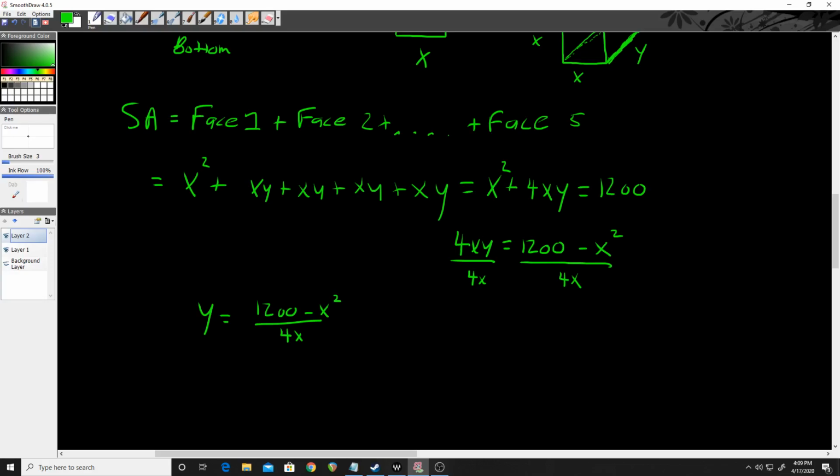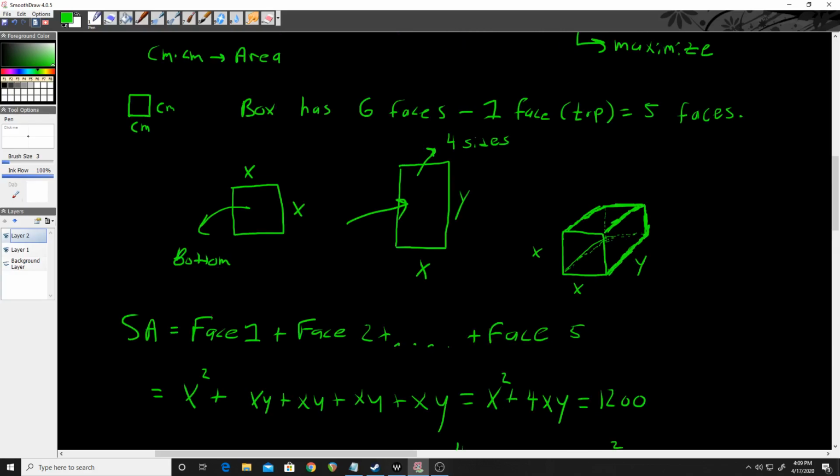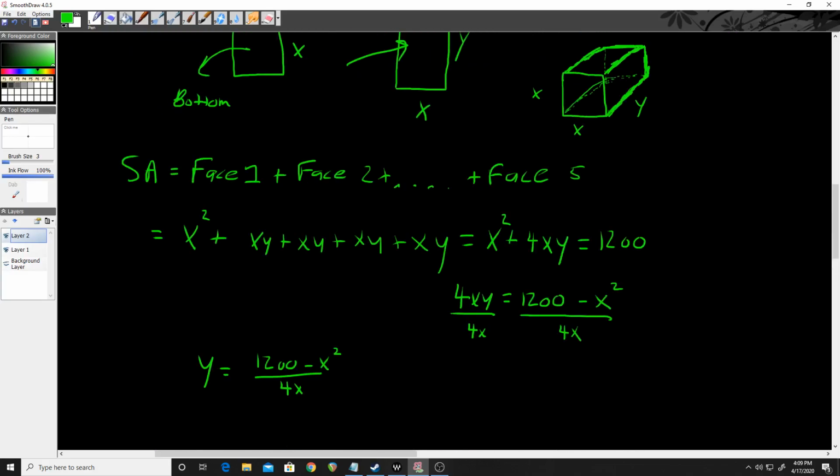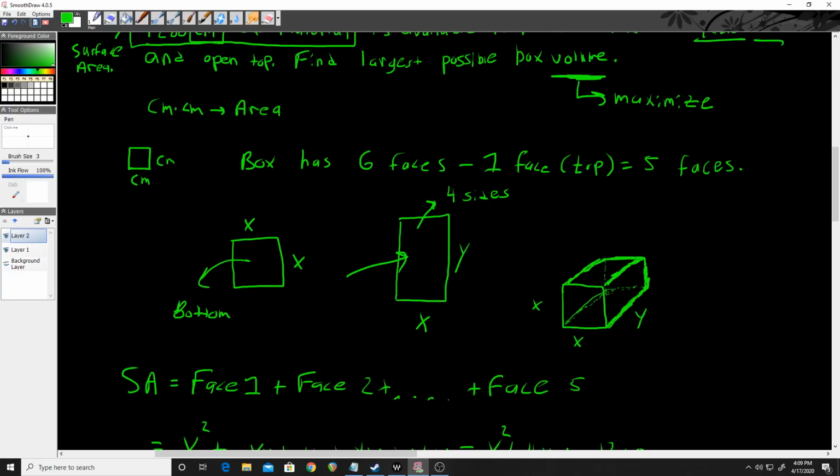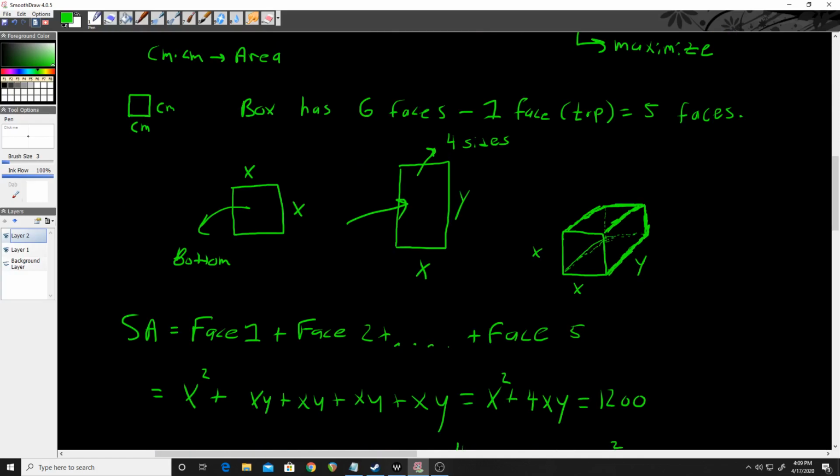And there's y in terms of x. So now, volume, right? The volume is the thing that we are trying to maximize. And so if we just look at this little three-dimensional guide that I made here, the volume is just going to be length, width, height, right?